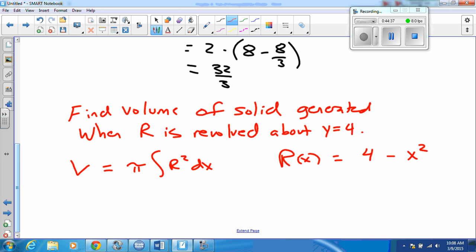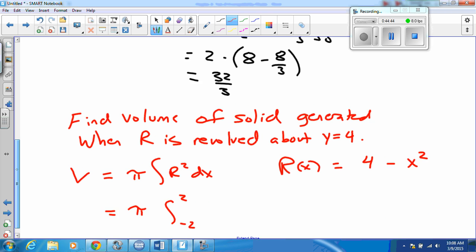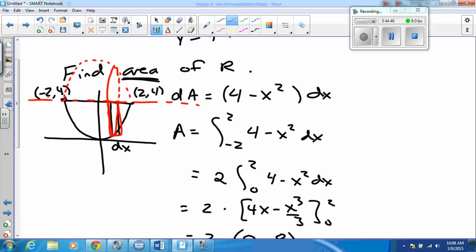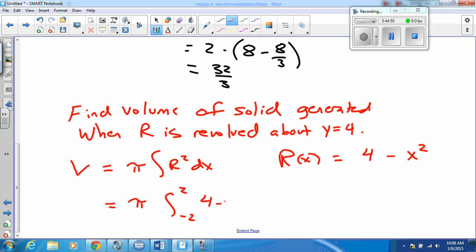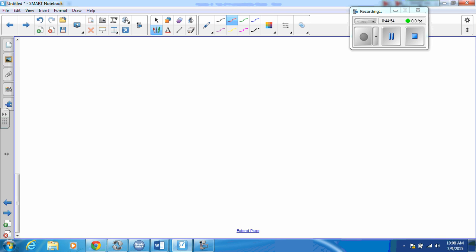So the radius is the axis minus the curve here. And my limits of integration are going to be from the first x to the last x, from -2 to +2.